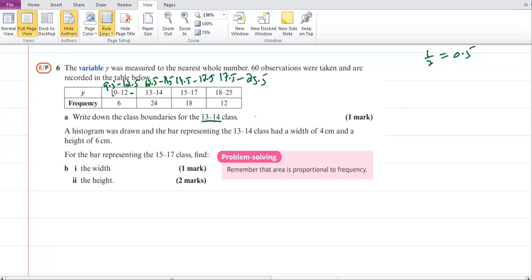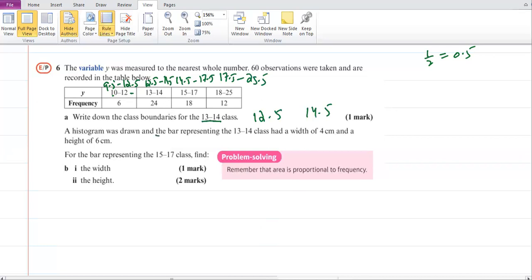So it means class boundaries for this one will be, the lower class boundary will be 12.5 and the upper class boundary will be 14.5, because this is with the gap data. When data has gap, obviously the class boundaries we will write in this way. Okay, got it or not? So this interval we will say these are the class boundaries.